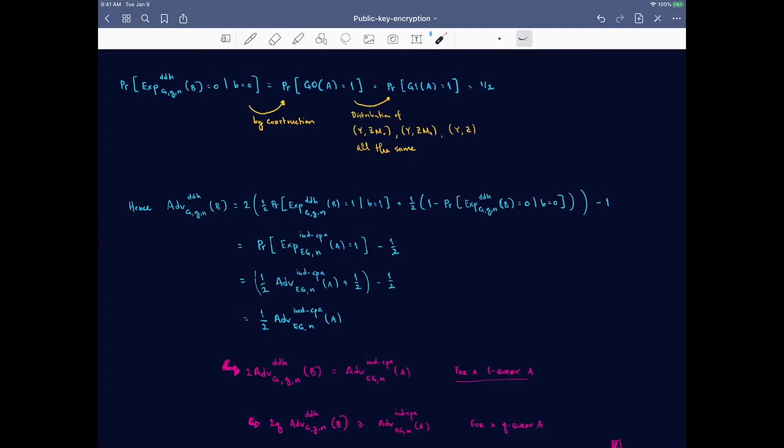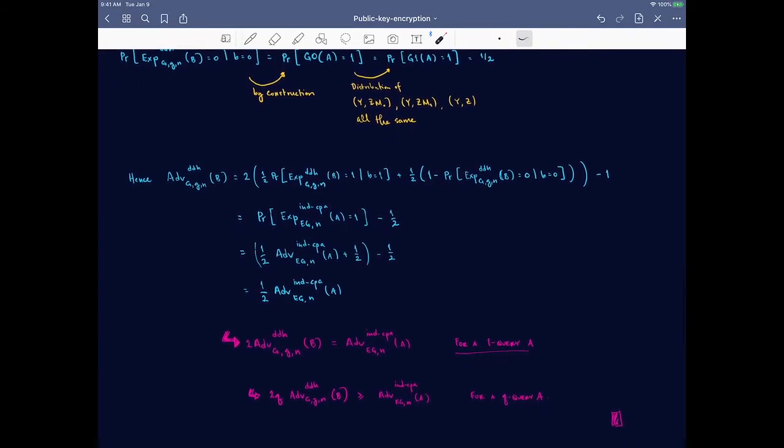And then that means if we wanted to scale that up to a full Q query, we just use our 1 to Q result from earlier. Remember, we said that this is the Q query advantage for a Q query A. And we said in the previous result, this is upper bounded by Q times this, the one query.